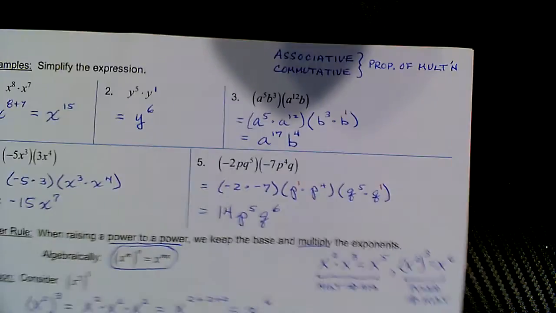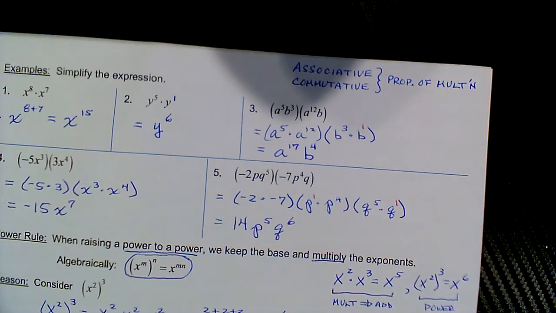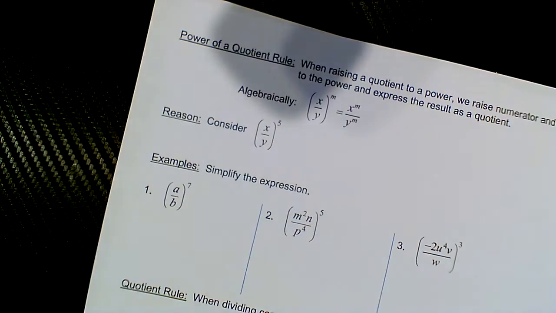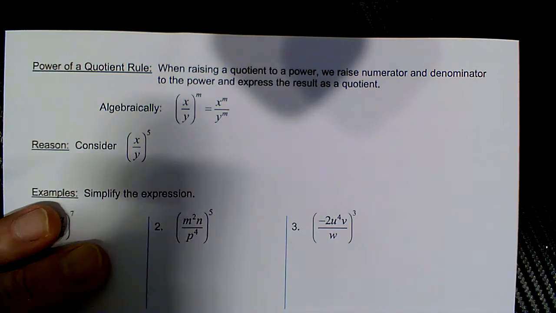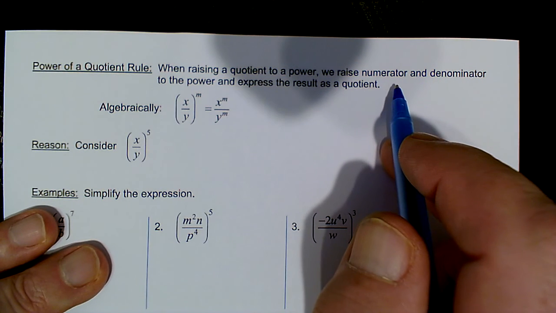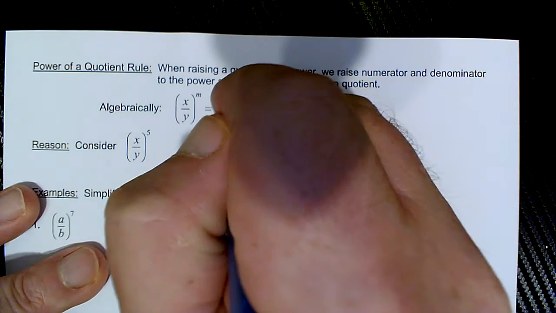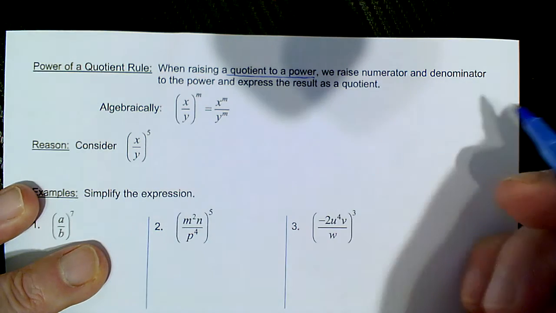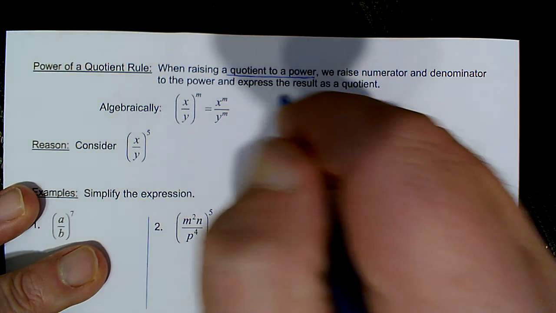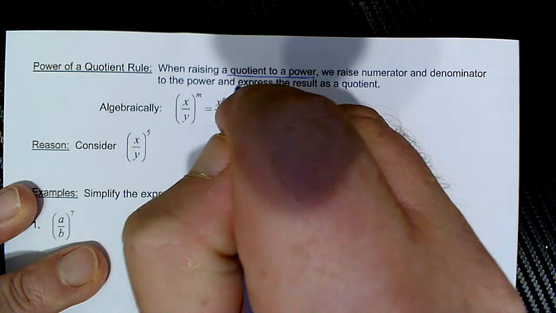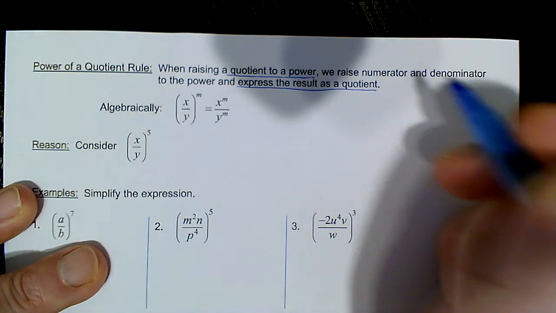So on our last page of notes for this homework, we have the power of a quotient rule, which is basically the same concept. That is, when we raise a quotient to a power, we raise the numerator and denominator to that power and express the result as a quotient.